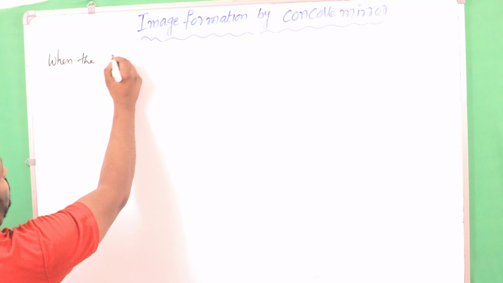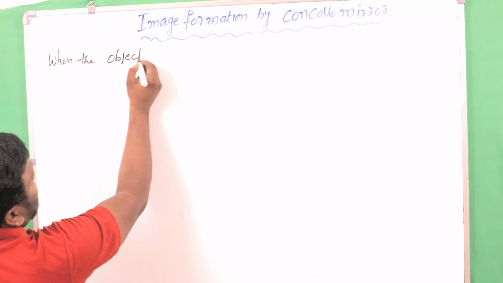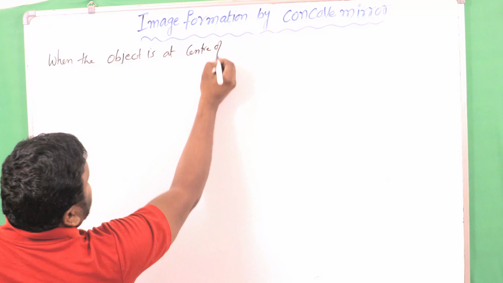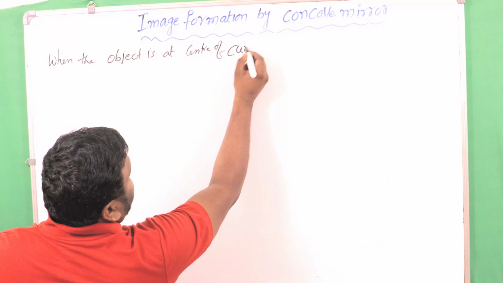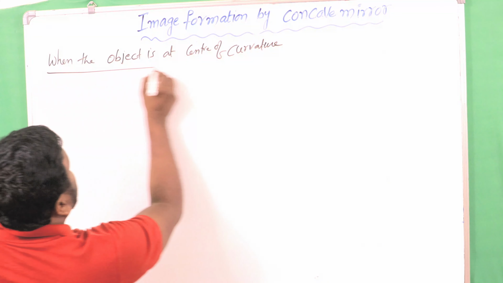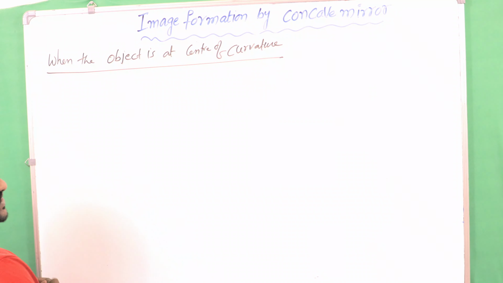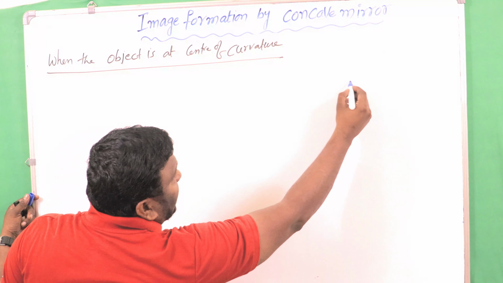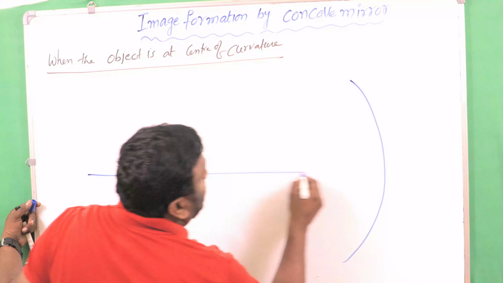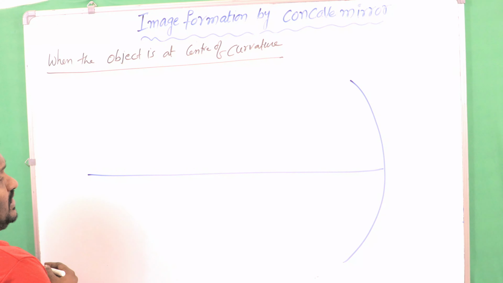When the object is at the center of curvature, this is another case. So very simple, again we have to follow the same rules. This is the concave mirror and this is the principal axis, this is the object.